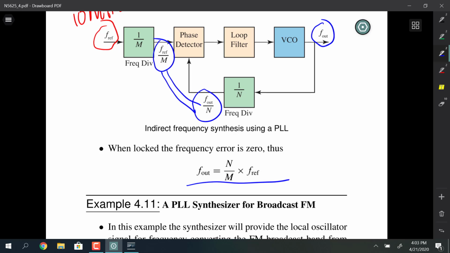So I'm going to take some examples here, and we're going to see how you can put this into operation and what the conditions are. If you're going to be building a tunable oscillator, M would generally be fixed. You would set the reference frequency into the phase detector with that digital divide M, but then you would make the frequency divider in the feedback, and that's this guy over here, programmable.